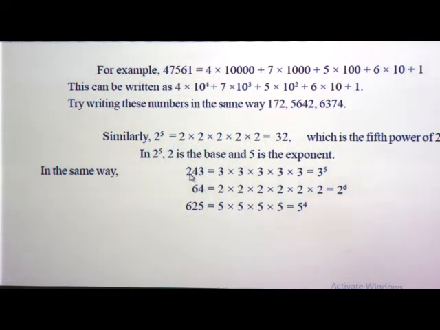Because the number may increase, every time we will not have a small number, we will have a large number. This 64 is very easy. You can write it as 2 into 2 into 2 into 2 into 2 into 2, 6 times 2, where 2 is the base and the exponent is 6. So, 2 raised to the power of 6.